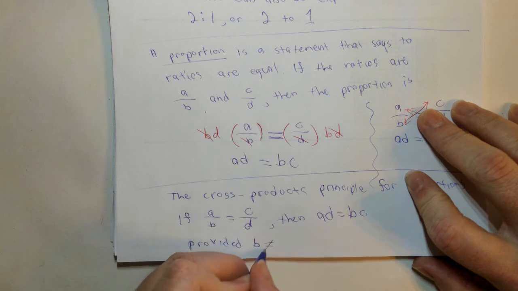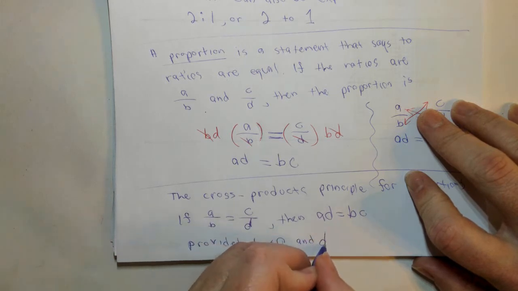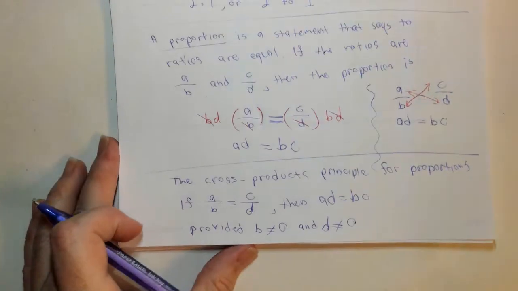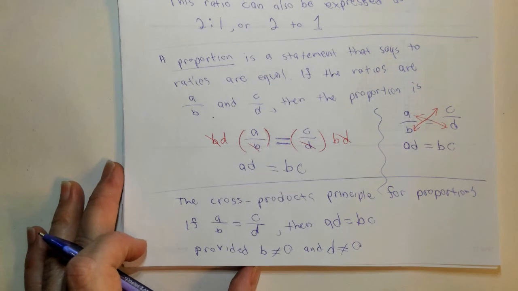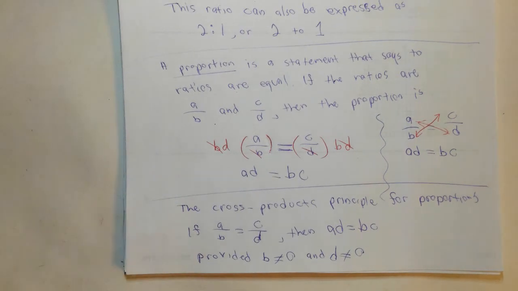B is not equal to 0 and D is not equal to 0. Okay. All right, so that's stuff you probably already know, but that's where we need to start.